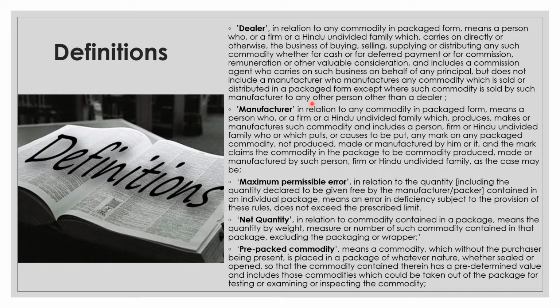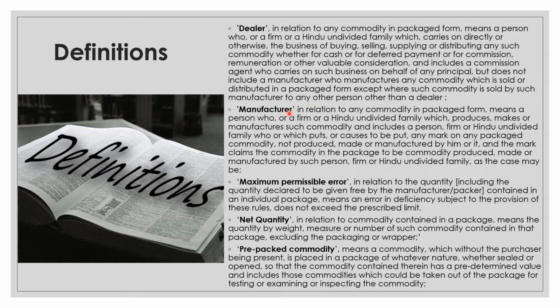The basic requirement is final sale. So the person who is involved in the business of buying, selling, supplying, or distributing any such commodity for any kind of consideration includes a commission agent and includes a manufacturer also if he directly sells to the final consumer.